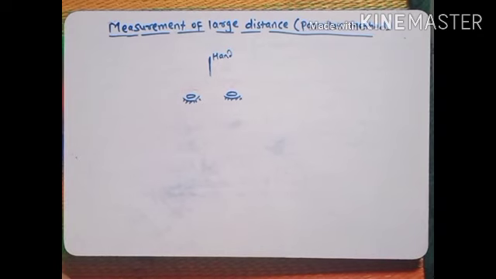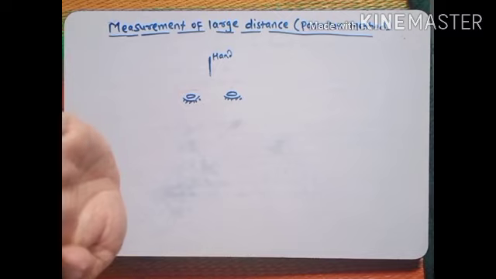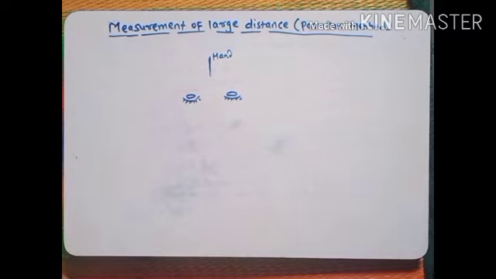You can do this experiment in your study room, with one eye open and one eye closed. The position of the object changes, and we call this parallax.